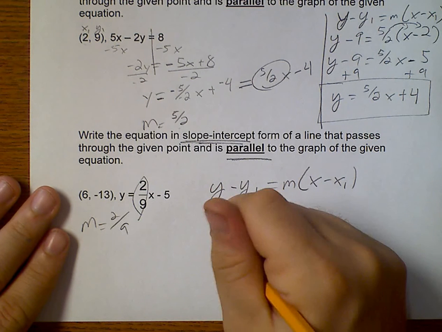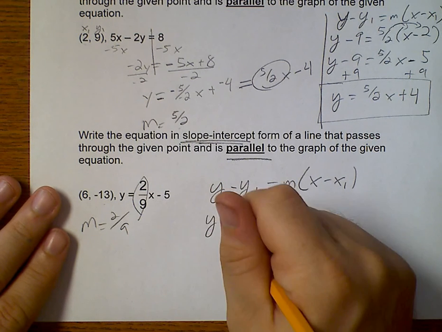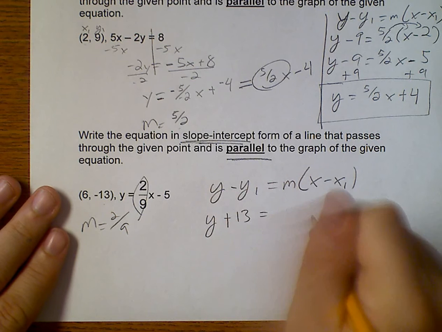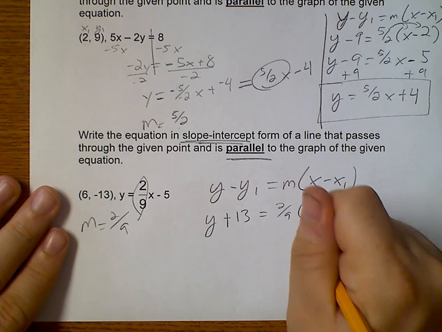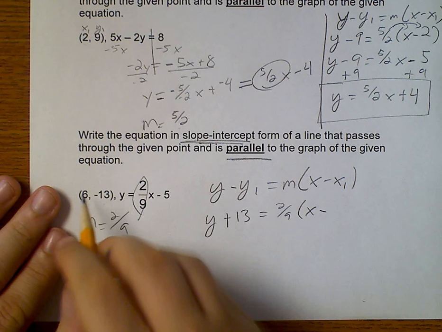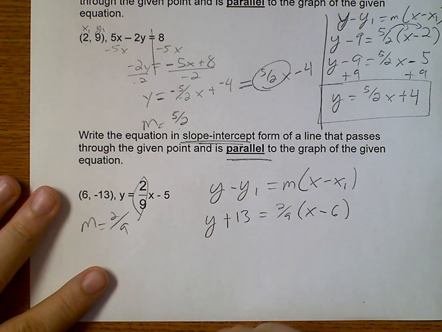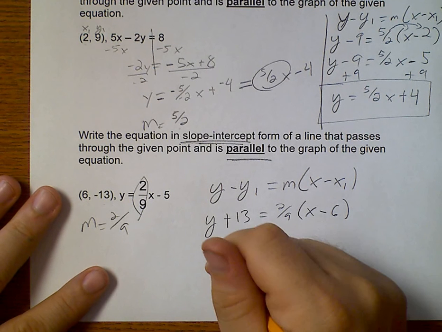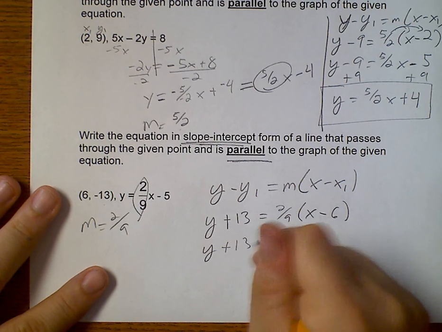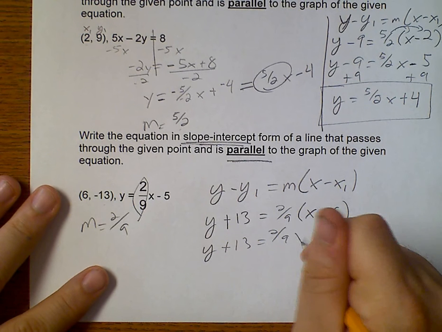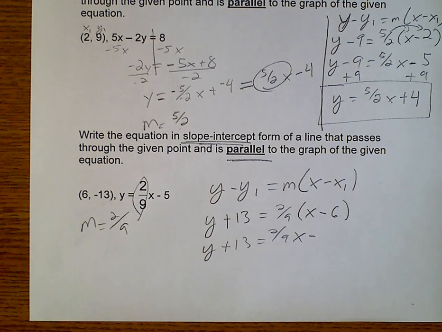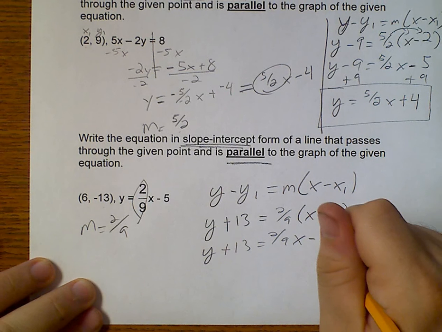So y minus negative 13, which is plus 13, equals 2/9 times x minus 6. So y plus 13 equals 2/9 x minus, and over here this will give us 4/3.